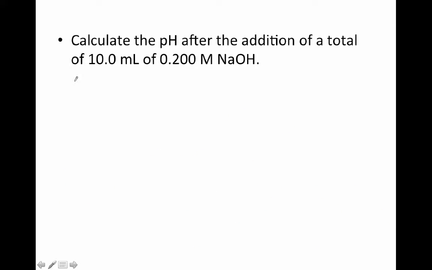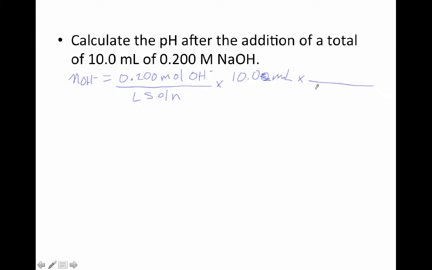The first point in this titration, where we're going to calculate the pH, is after a total of 10 mL of 0.200 molarity sodium hydroxide have been added. We can calculate the number of moles of hydroxide in this 10 mL by taking the 0.200 moles of hydroxide per liter of solution times the volume, which is 10 mL, and there are 10^3 milliliters per liter.